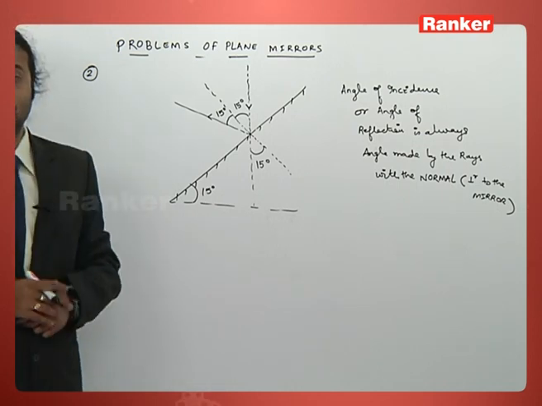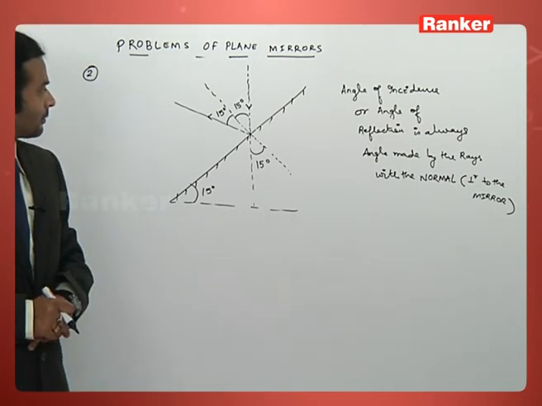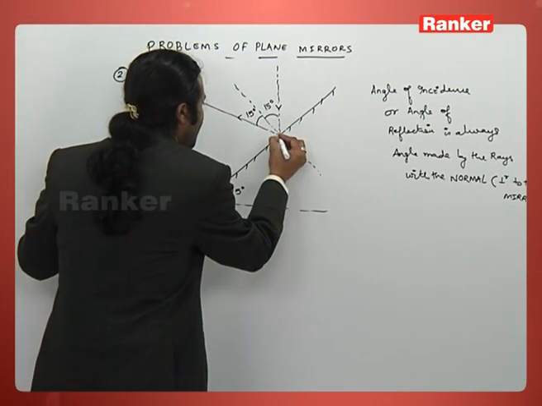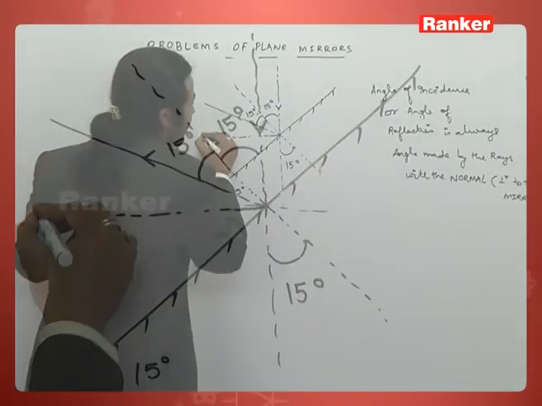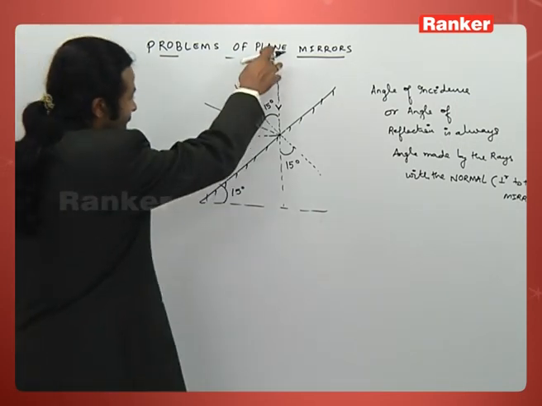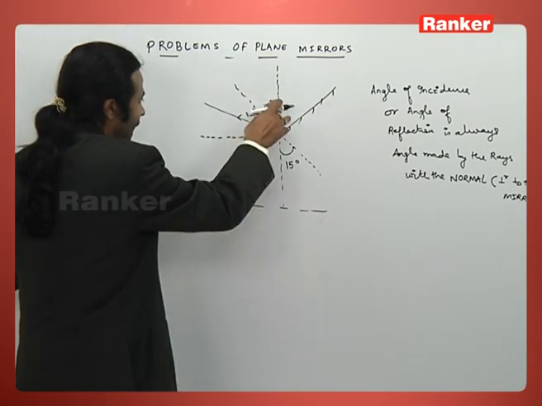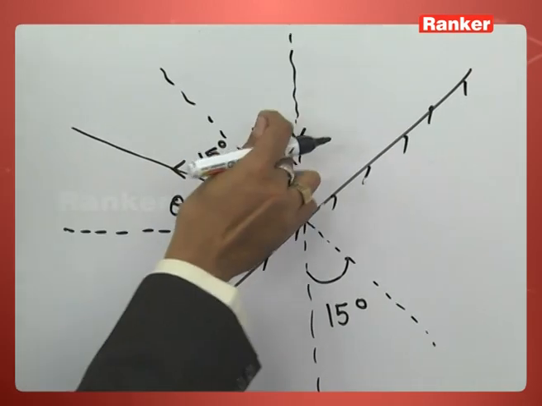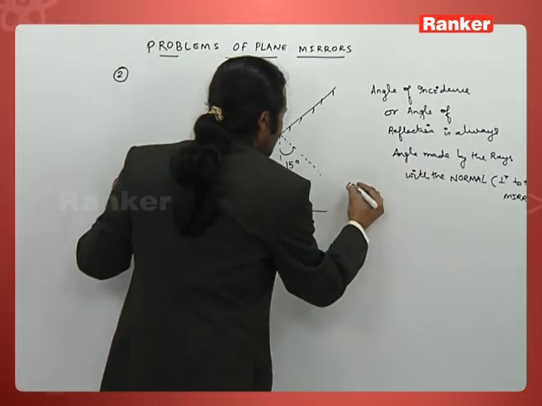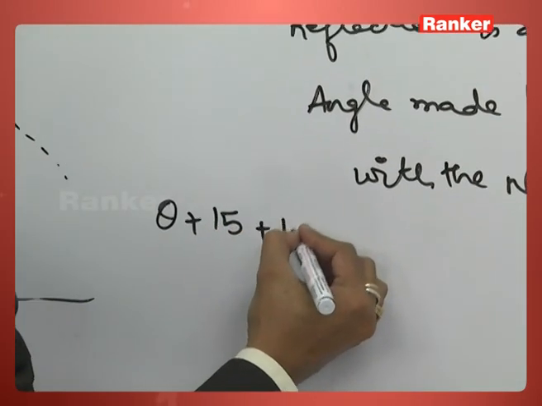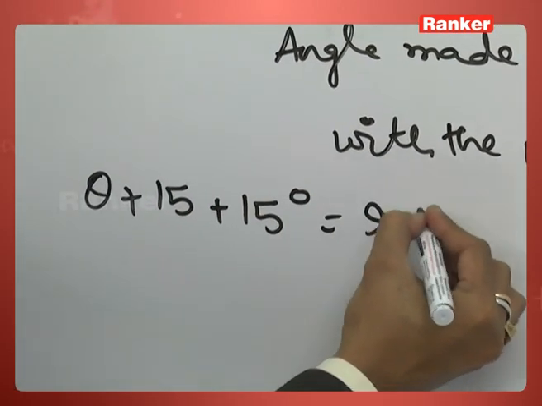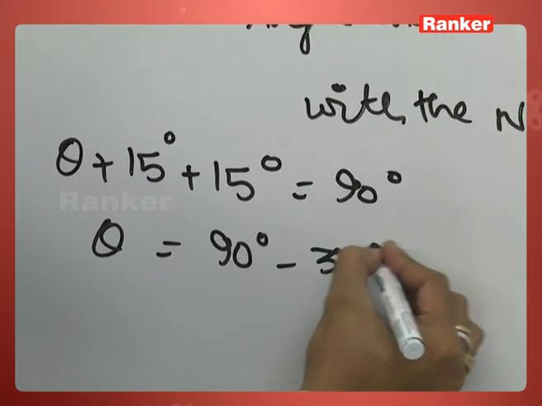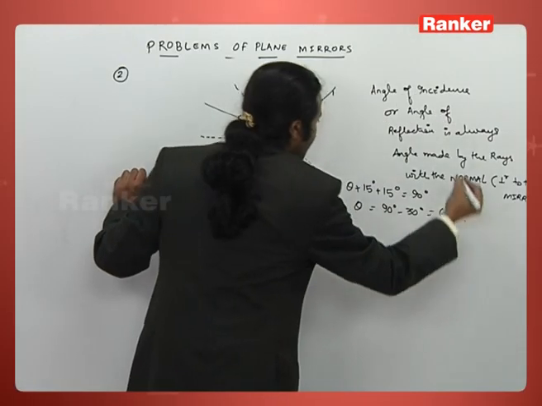Now he is asking what will be the angle made by the reflected ray and the horizontal. So I draw a horizontal. This is a horizontal line. Obviously we know this is vertical, this is horizontal. Let the angle between them be theta. The total angle is 90 degree, so theta plus 15 plus 15 is equal to 90 degree, or theta is equal to 90 minus 30, which is 60 degree.